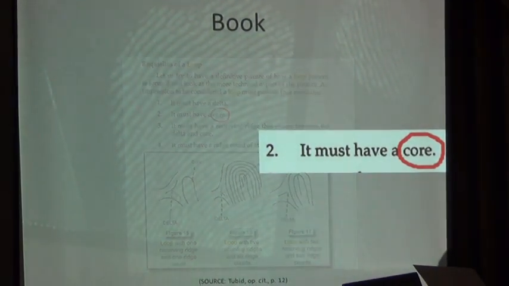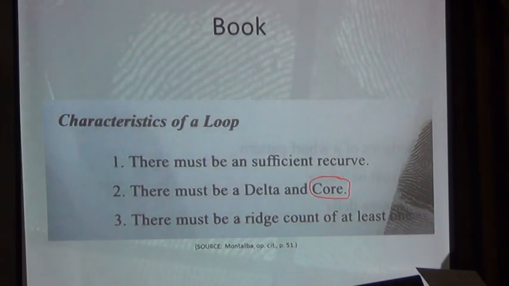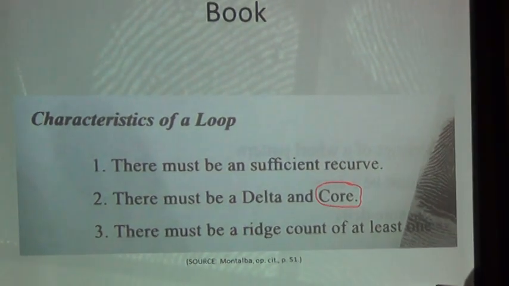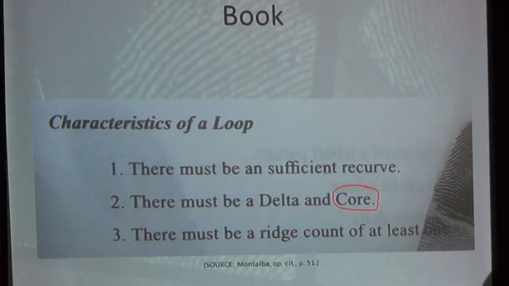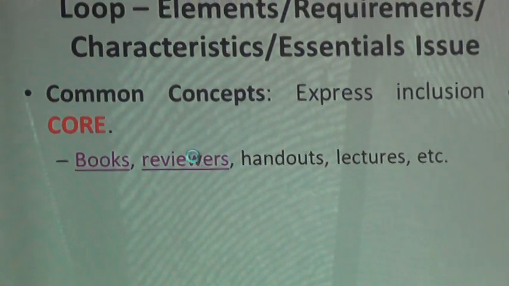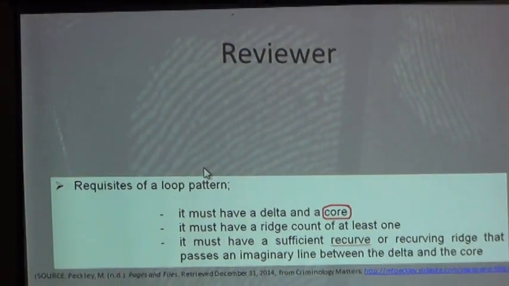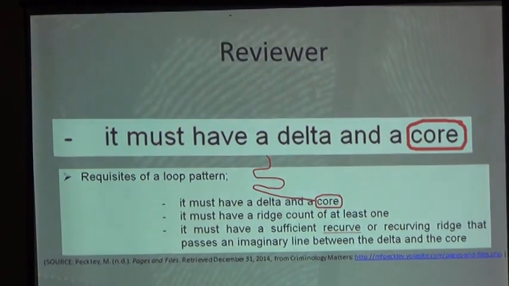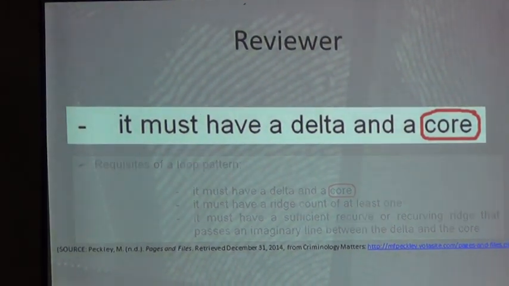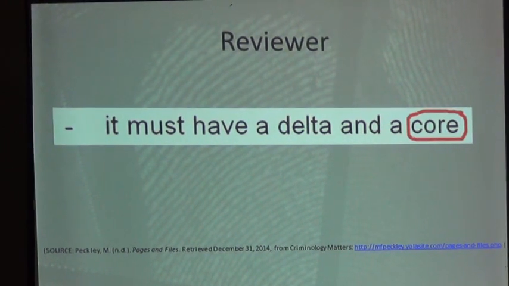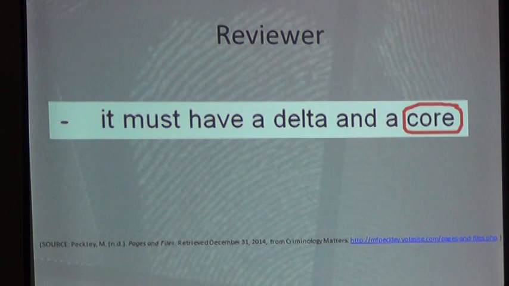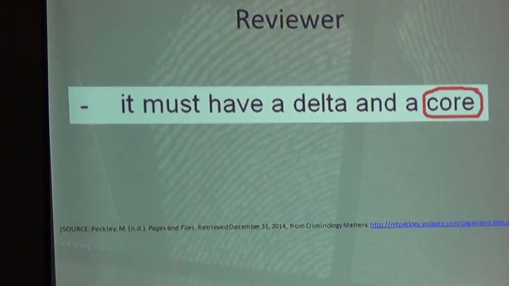Another book: there must be a delta and core. The reviewer: it must have a delta and a core. So the common concept that we hold is that core is included in the basic elements. There is an express inclusion of that.